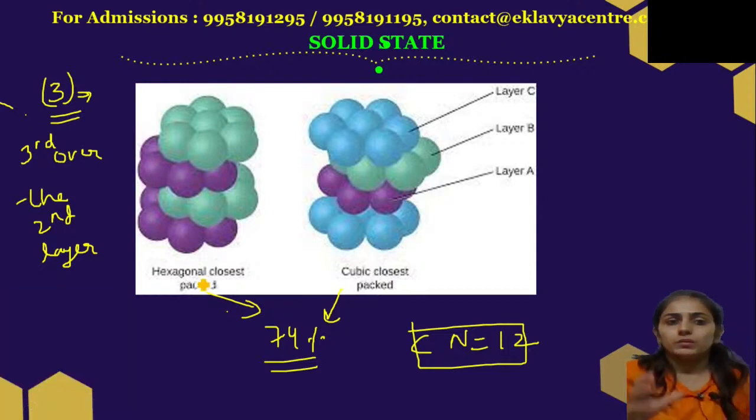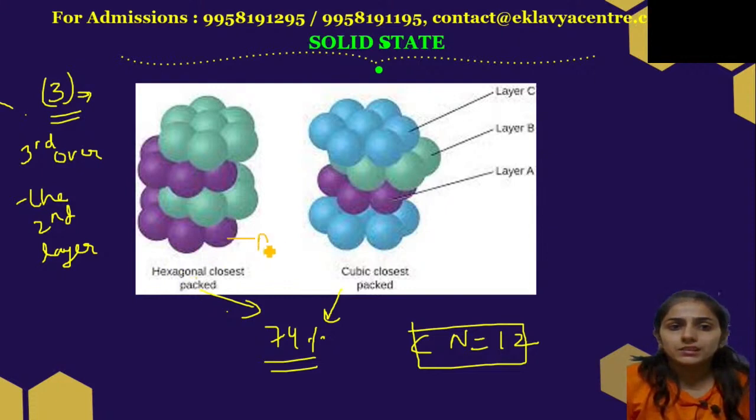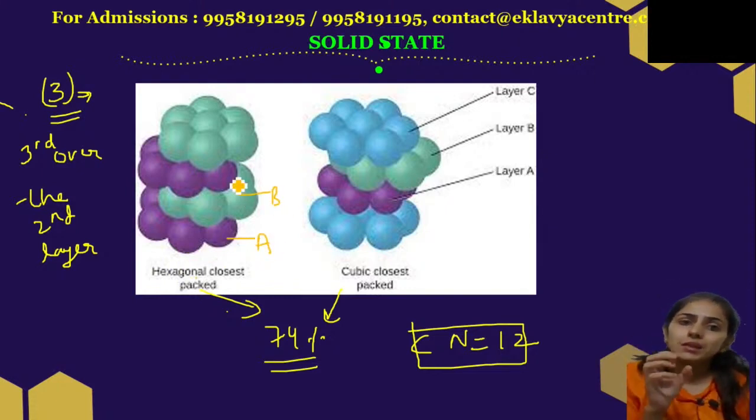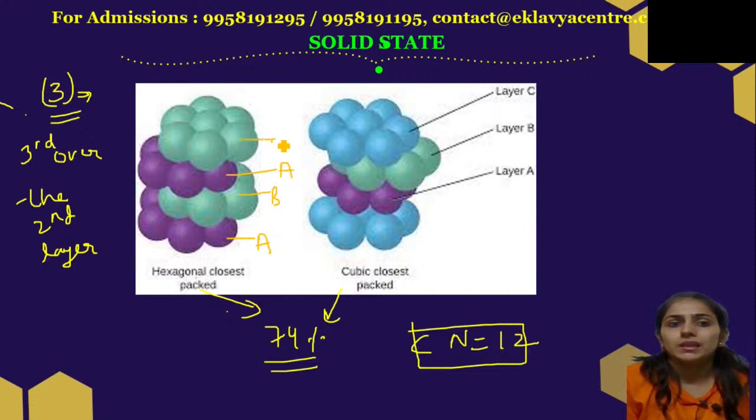Now what is hexagonal packing? Suppose this is layer A, this is B. Now the third layer is kept above the second layer such that it is similar to the first layer. So HCP packing is actually AB type packing, and this packing is done to hide tetrahedral voids.